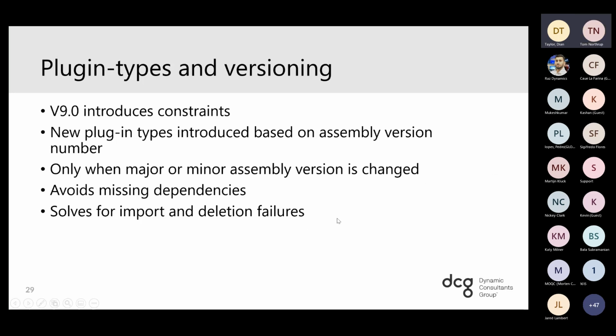Version 9 introduces constraints on plugins. So new plugin types are based on assembly version number. This is very important because when your plugins are getting created, if the assembly version number isn't in order, it's going to throw errors. So you want to make sure your development environments are staying consistent with your solution. Only when the major minor assembly version is changed does it apply the update. It avoids missing dependencies and solves for import and deletion failures.